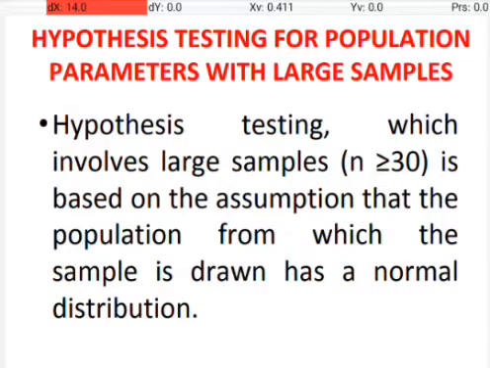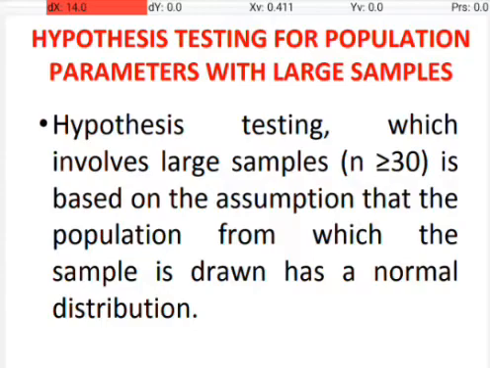So first, you can see before you hypothesis testing for population parameters with large samples. When you're talking of population parameters with large sample, you are talking of the sample size n greater than or equal to 30.